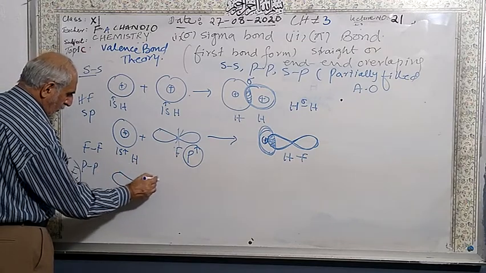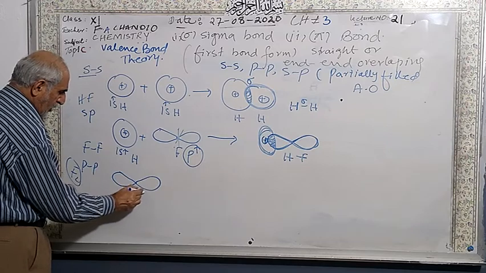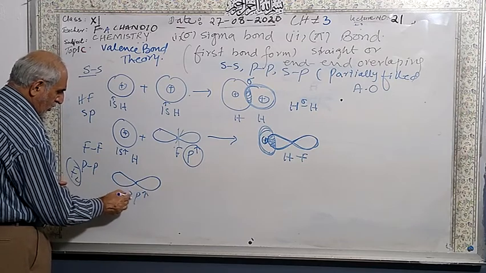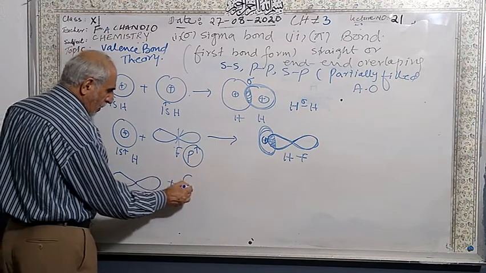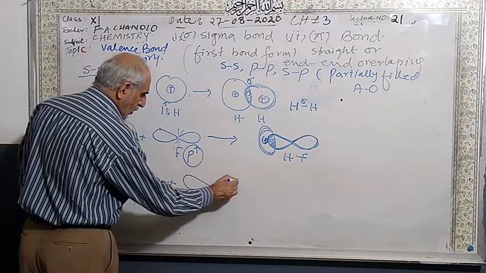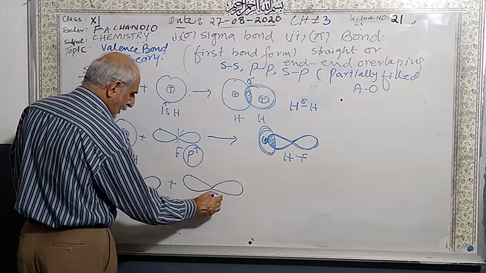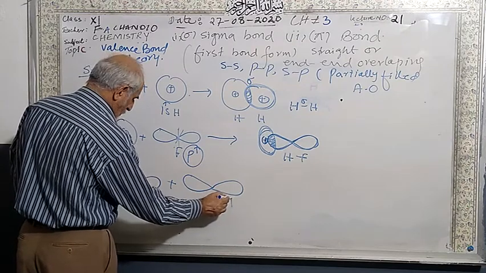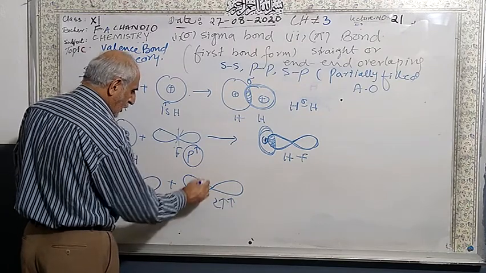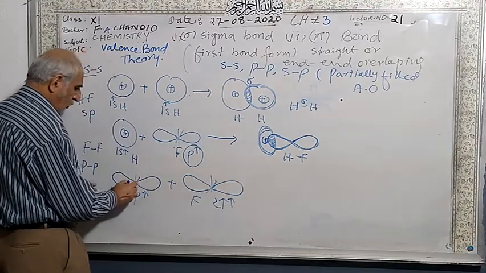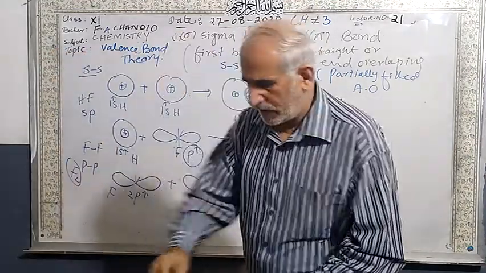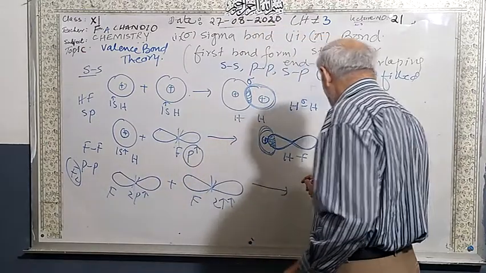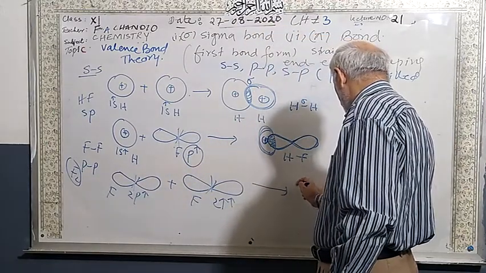This is one partially filled 2p orbital for the fluorine atom, and the second is like this one, another 2p orbital for the fluorine. They are going to overlap with each other to form a single covalent bond.